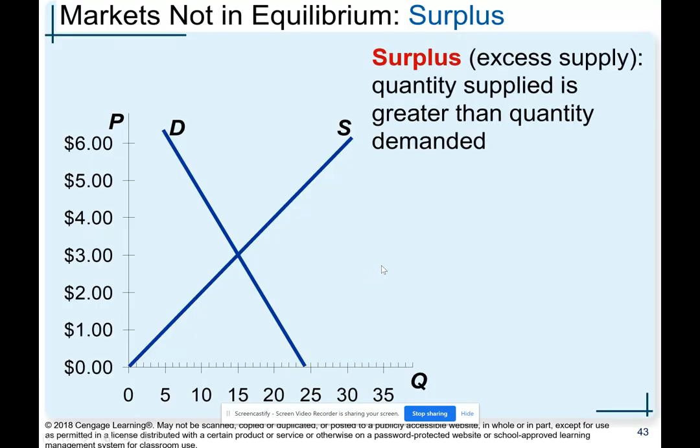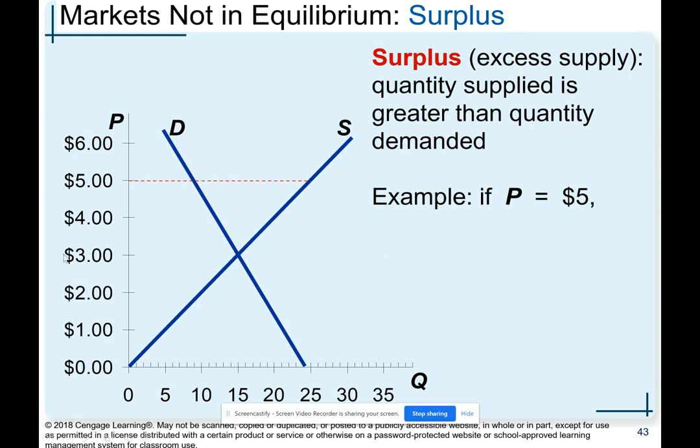Okay. When the markets are not at equilibrium, a surplus results, or what we call excess supply, that is, quantity supplied is greater than quantity demanded, and that occurs when the price is above equilibrium.